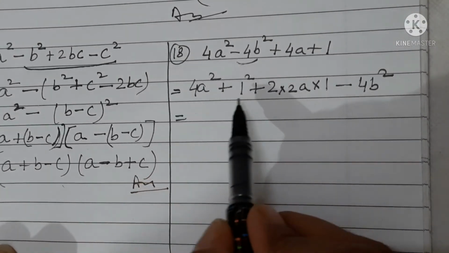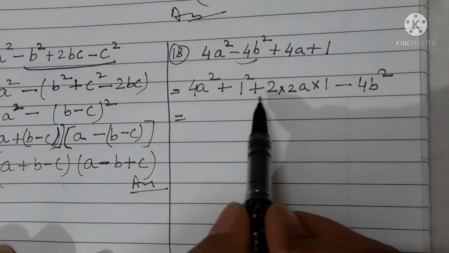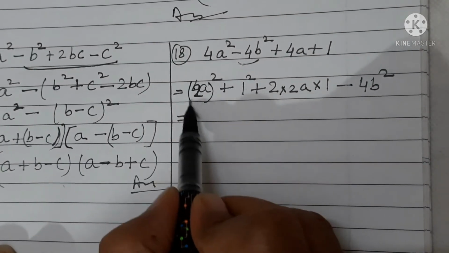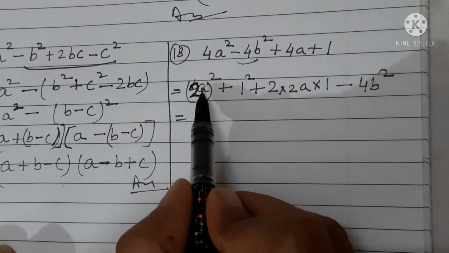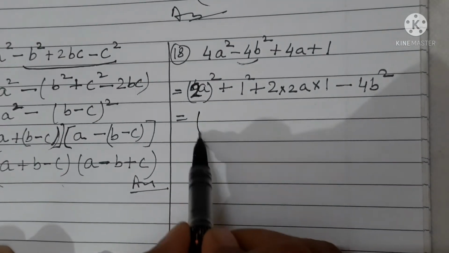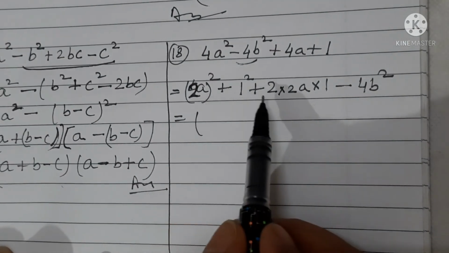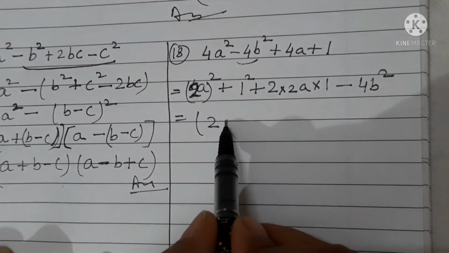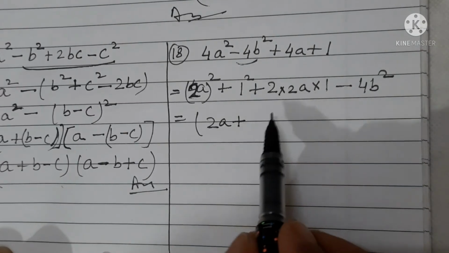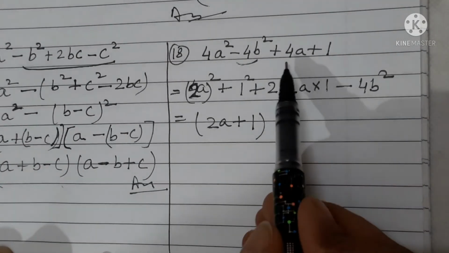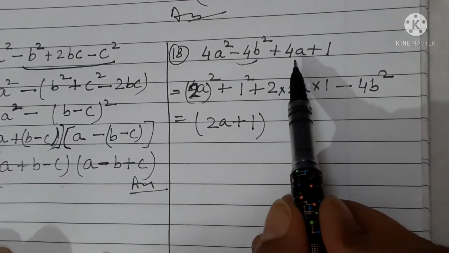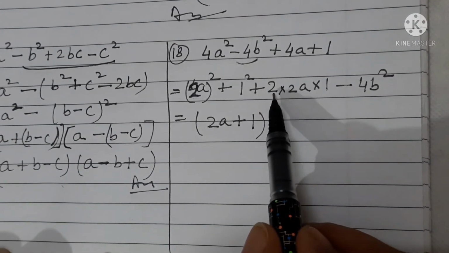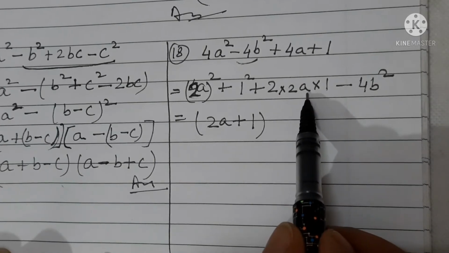Next, what can you write? You can write (2a + 1)², which is the correct form. Now it becomes (a + b)², so a means 2a and b means 1. Here 4a we have broken in the form of 2 × 2a.